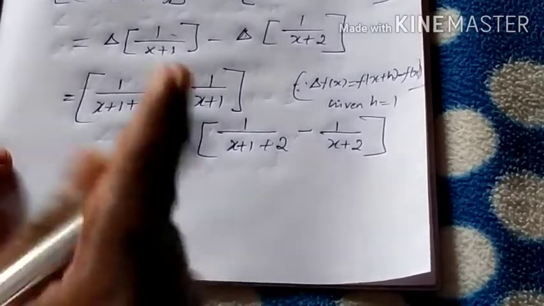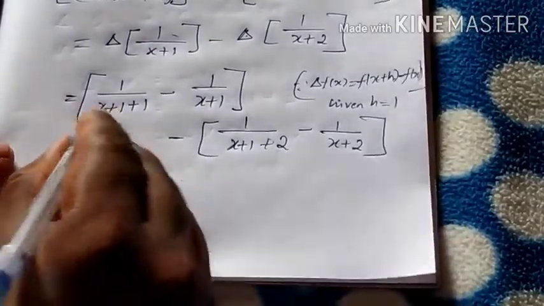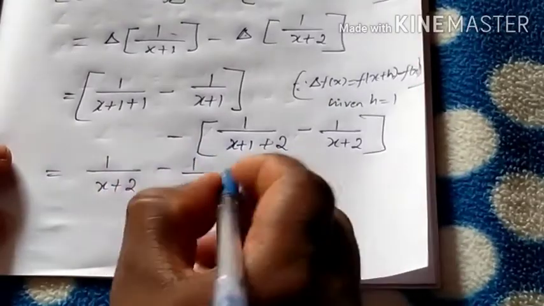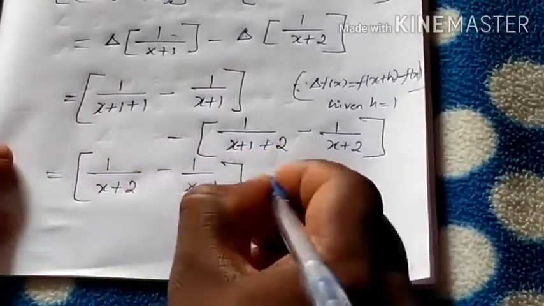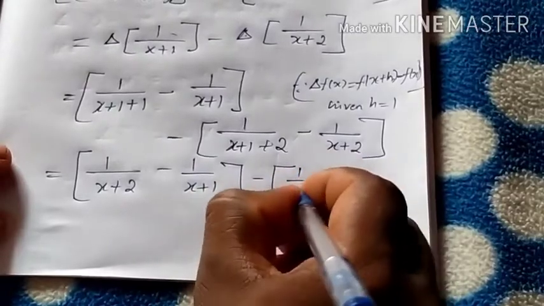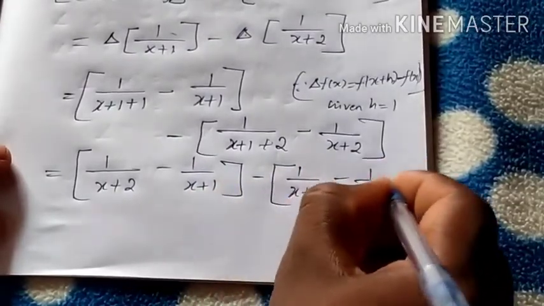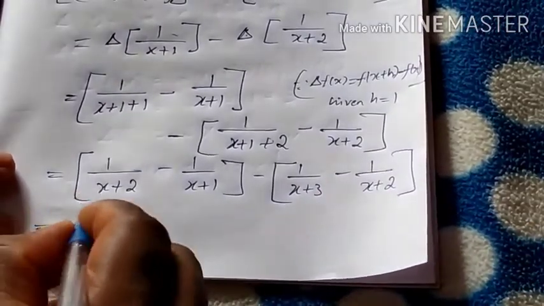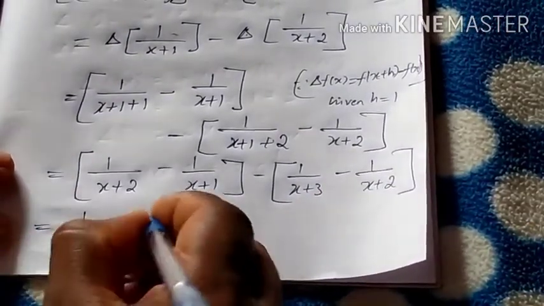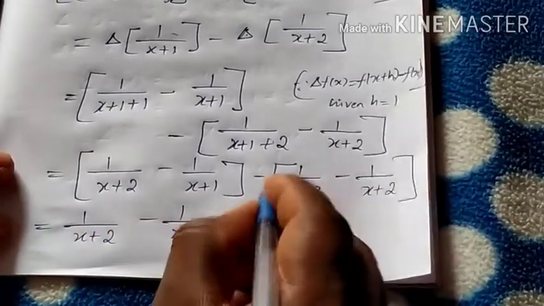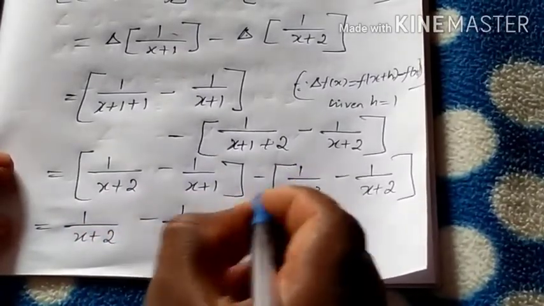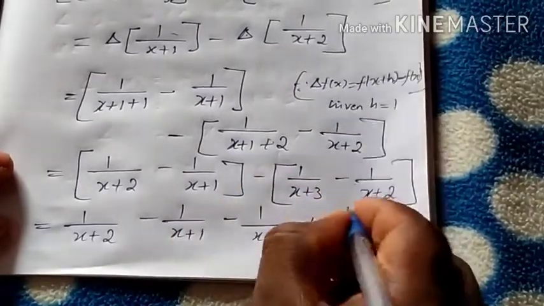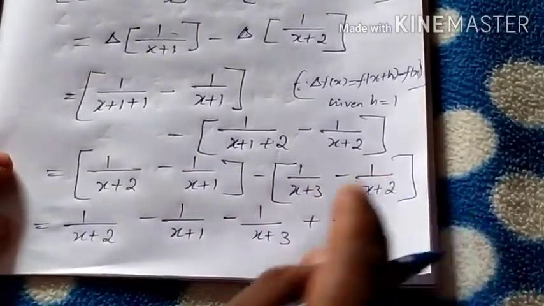Then it is equal to 1 divided by x plus 2 minus 1 divided by x plus 1, minus 1 divided by x plus 3 minus 1 divided by x plus 2. Okay, then 1 divided by x plus 2 minus 1 divided by x plus 1, making the multiplication inside the bracket, minus 1 by x plus 3, minus into minus plus 1 by x plus 2.